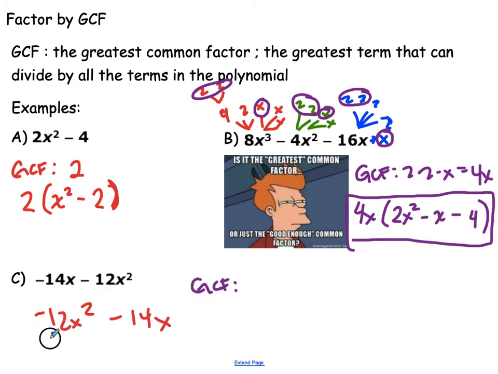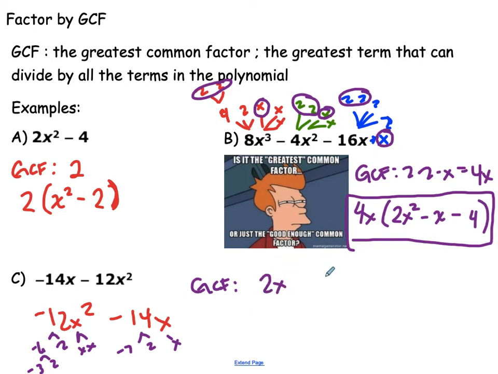So -12 is going to be -6 and +2. -6 is -3 times 2, and then x squared is 2 x's. All right, and -14 is -7 times 2, and then a single x. As you can see here, you have 2 in common and an x in common. So the GCF is 2x.